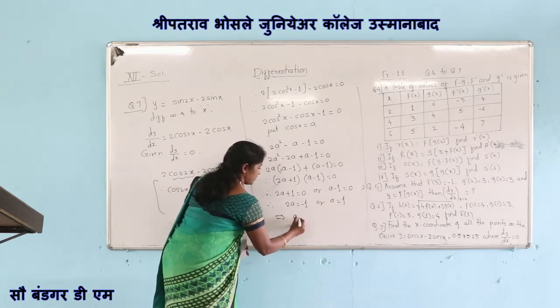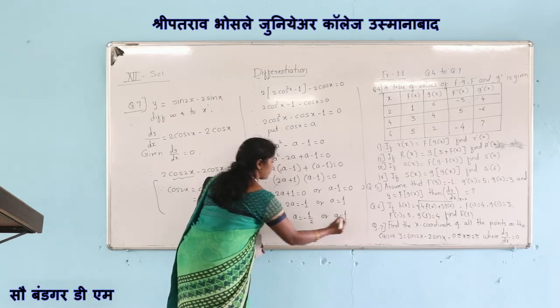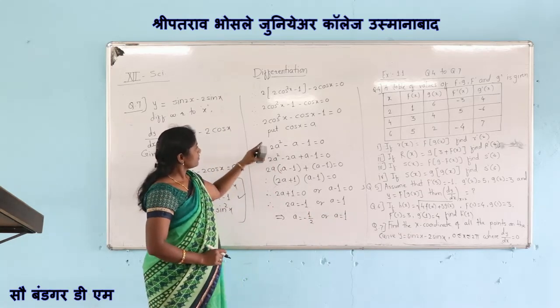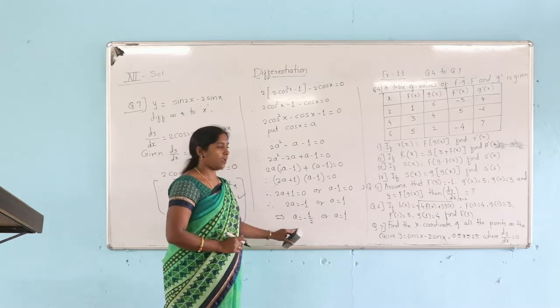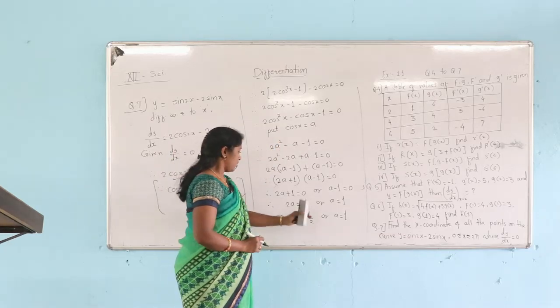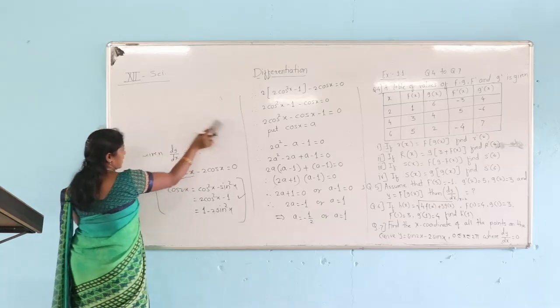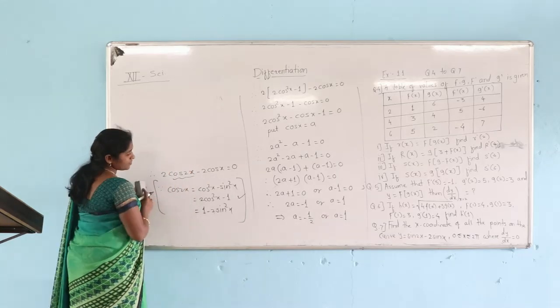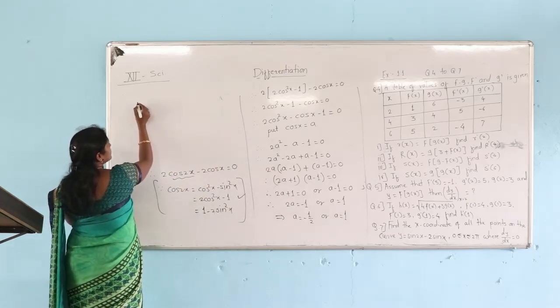That implies a is equal to minus 1 half or a is equal to 1. So we get two values of a, where a is cos x. To find the x coordinates, we'll replace a by cos x again.